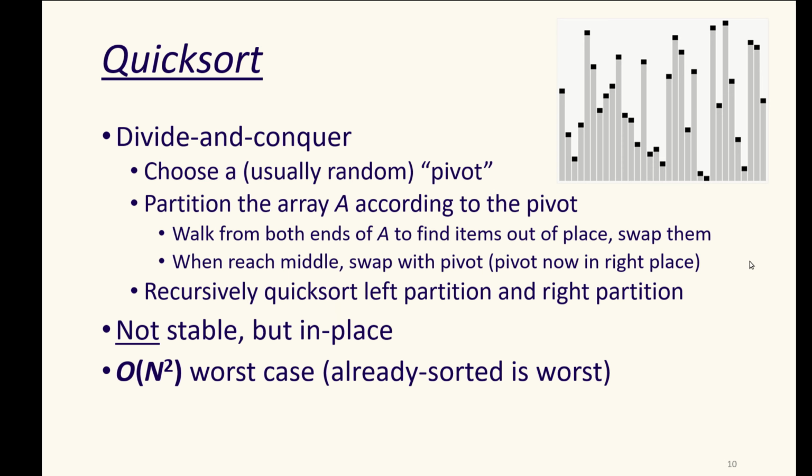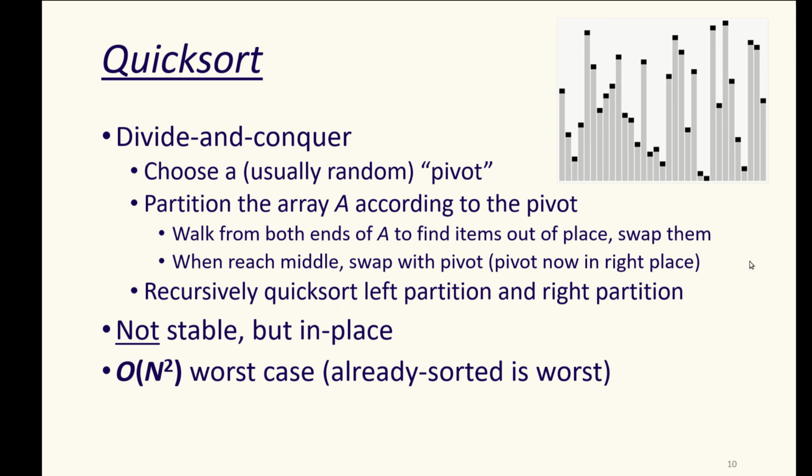So it's O of n squared in the worst case, and that worst case is if it was already sorted and we choose the worst possible pivot at every location. So say we chose the lowest value, then the next lowest value, and the next lowest and next lowest. Well, as a pivot, the minimum value is terrible because it has nothing to the left and everything but itself to the right, and so on and so on.